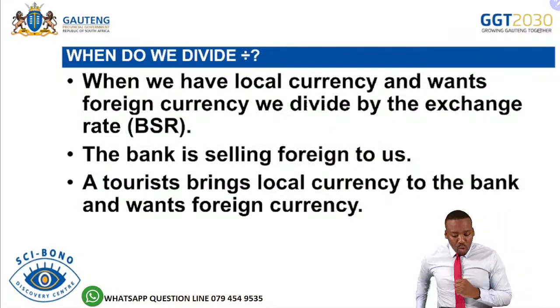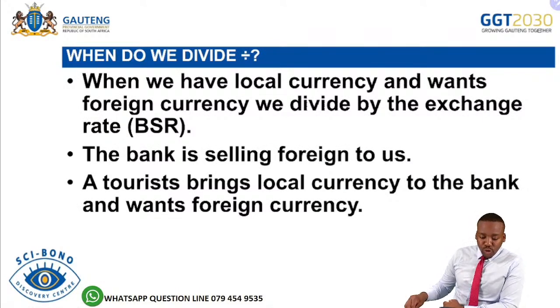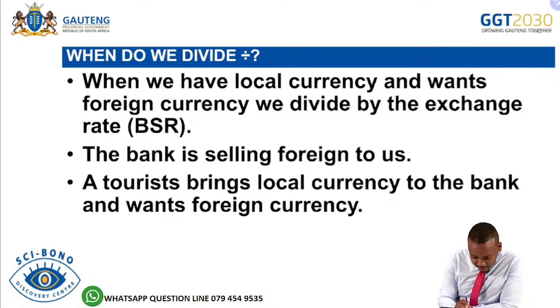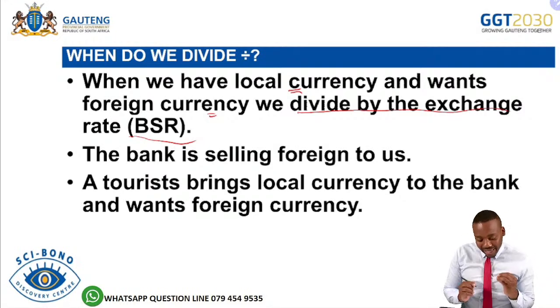Then we move to, when do we divide? When we have local currency and want foreign currency, we divide by the exchange rate. And which exchange rate? BSR. When do we divide? When we have local currency, meaning when we have rands.